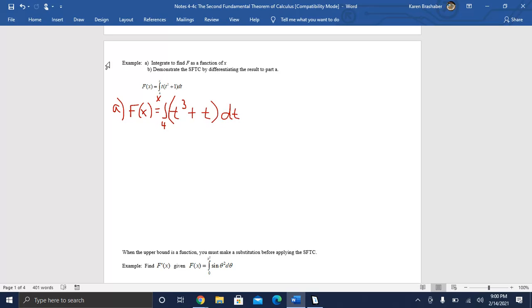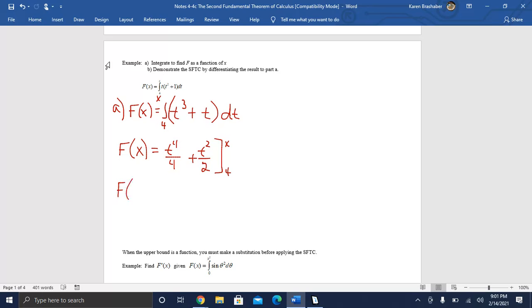Then I'm going to do the power rule. So that would be t to the fourth over 4 plus t squared over 2. And then this is going to be evaluated from 4 to x. Again, I'm doing part A. It just said to integrate, so not applying the second fundamental theorem at all.